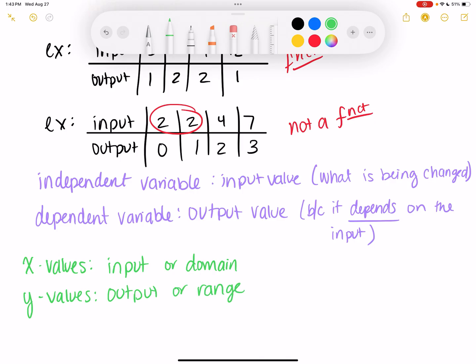So some of the problems are going to ask you to state the domain and range when they give you an input-output mapping diagram. Some of them are just going to give you a table and say the domain is such and such. Here's an equation, solve for the range, which is solve for the y values. So there's different ways that they can basically be asking us the same information with different words.